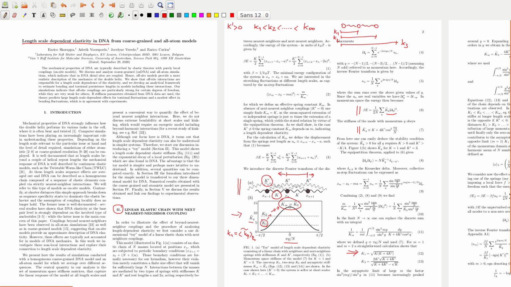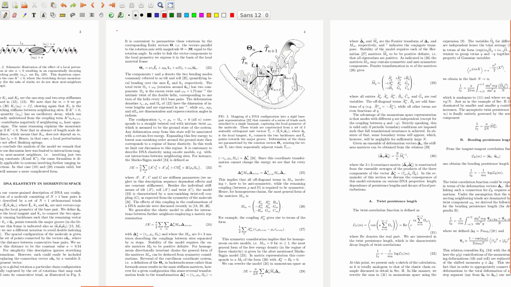Conversely, a weak variation with Q indicates that elasticity is weakly dependent on the length scale and that there are weak couplings between nearest neighbors. Thus far, we discussed the case of two couplings, K and K prime, but all these can be generalized to a more complex situation, including further neighbors' interactions.